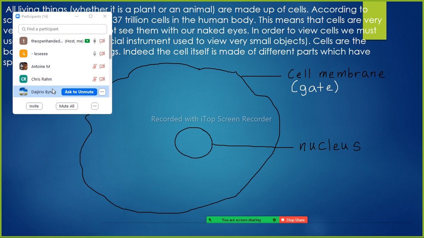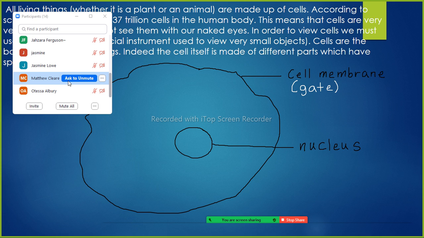No? Okay. How about you, Chris? Any idea of the function of the nucleus? I don't know. You never learned about the cell before? I don't think so. Okay, no problem. What grade are you in, Chris? Grade 9, okay.